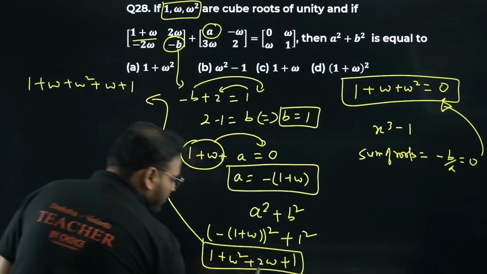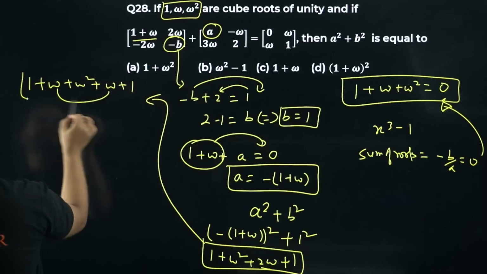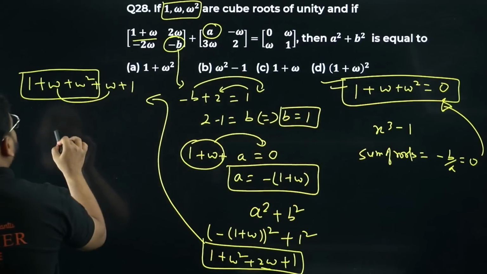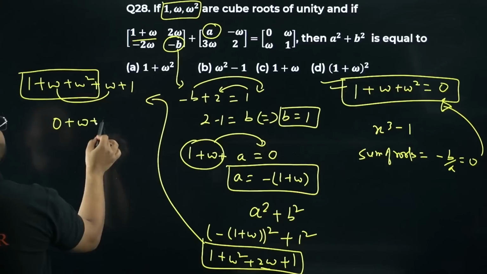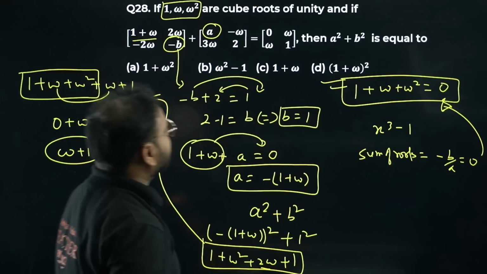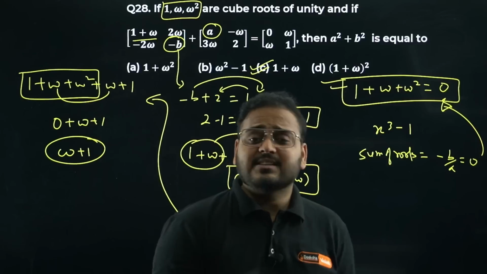Basically, I have split the 2 omega into 2 terms, omega plus omega. Now please check here. This is nothing but 0 from here. So I get this as 0 plus omega plus 1. Value is nothing but omega plus 1. Option is C. Sir, can questions like this be this easy in the examination?